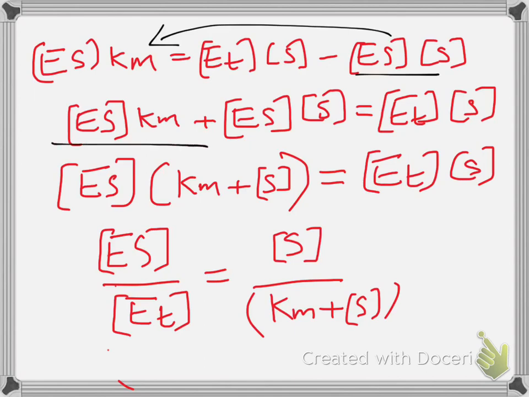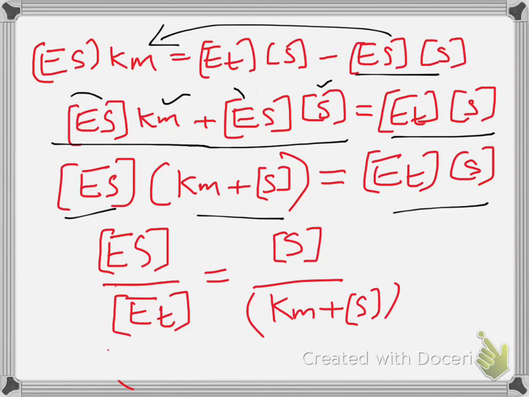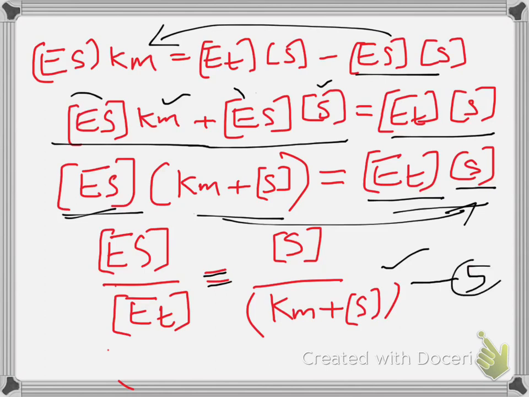So we get ES into Km plus ES into S equals ET into S. Now we can take ES outside, then we get ES into Km plus S equals ET into S. Now write this in the form of ES by ET: ES by ET equals S by Km plus S. This equation we take as equation 5.